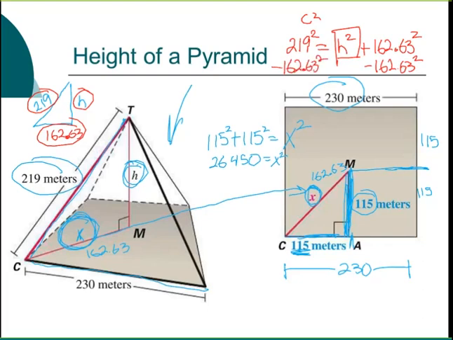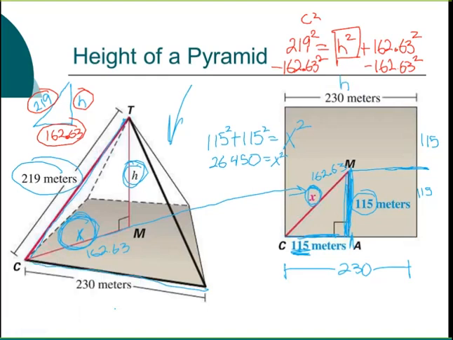Then I go ahead and do that on my calculator. So 219 squared minus 162.63 squared. And that gives me 21,512. I don't really have room right where I'm at, so I can make room, get rid of this circle.